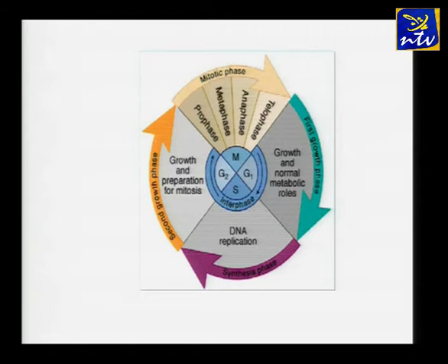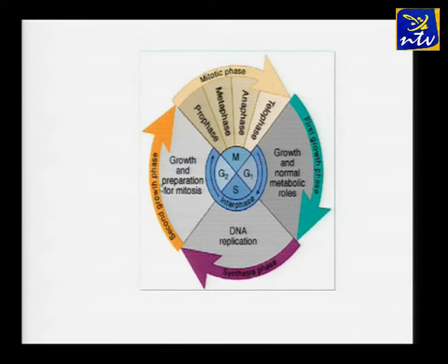In S phase, the chromosome number remains the same, and only the DNA content is increased. So, DNA replication helps to increase the amount of DNA in the cell, but the chromosome number remains the same. Then comes the third phase.